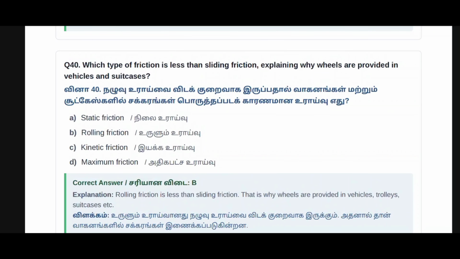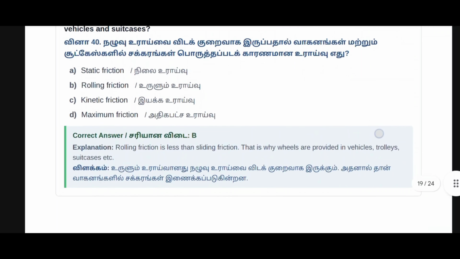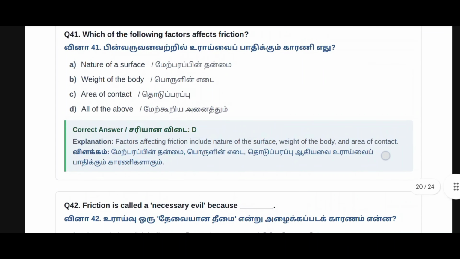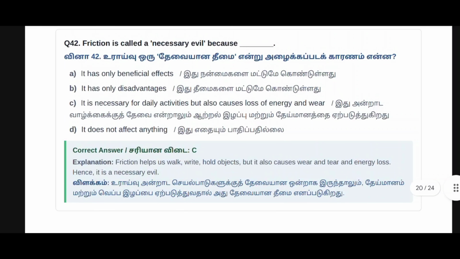Which type of friction is less than sliding friction? Explain why wheels are provided in vehicles and suitcases. Option B, rolling friction. Which of the following factors affect friction? Option D, all of the above. Friction is called a necessary evil because dash.